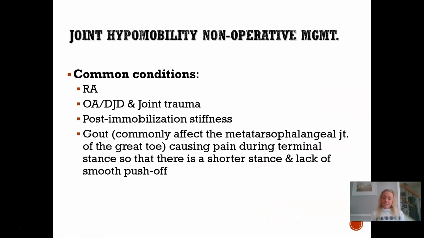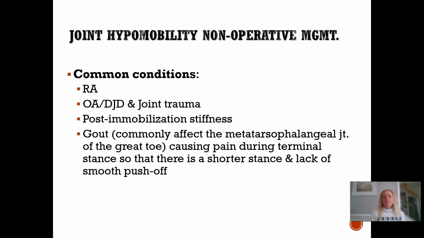So now to move into some of the common conditions that we're going to see at the foot and ankle. Some of the hypomobility conditions, things that would cause decreased mobility at the ankle, would be RA, OA or DJD, or joint trauma, post-immobilization stiffness, and then we'll talk about gout a little bit here as well.